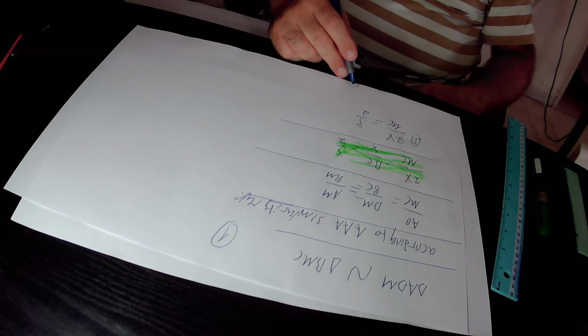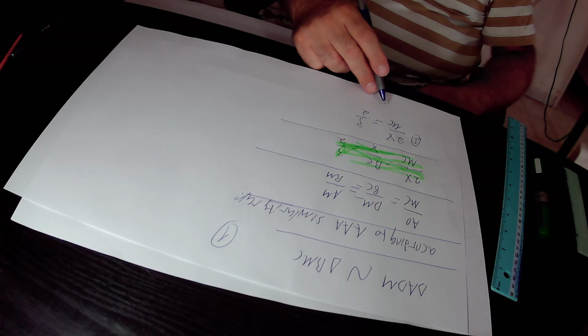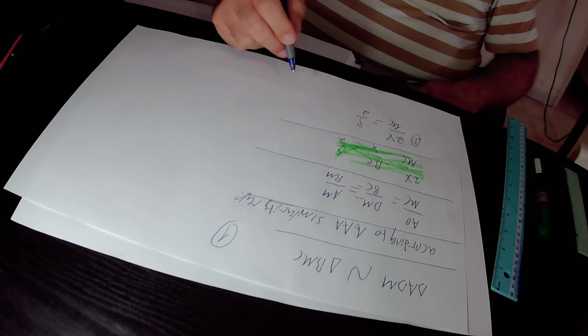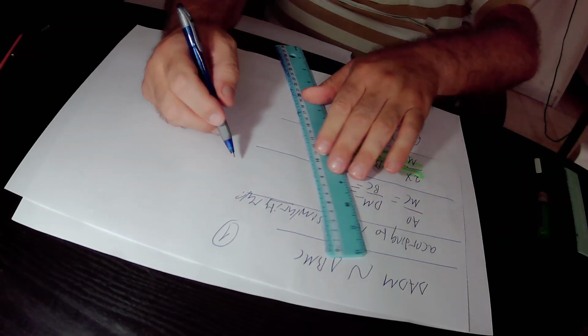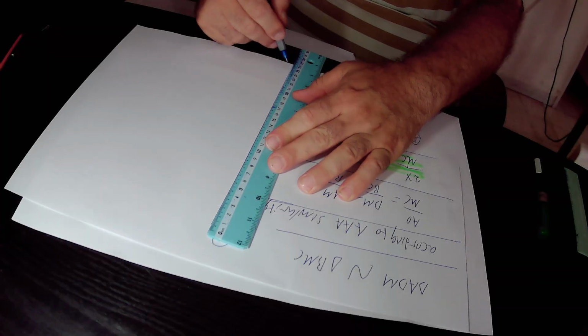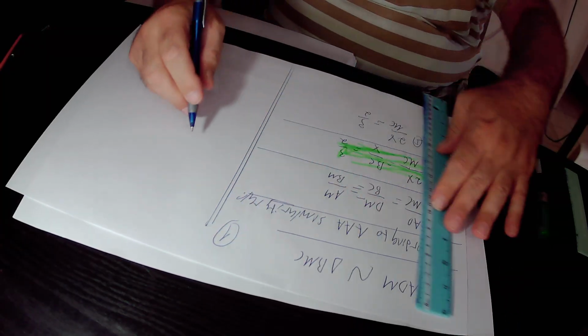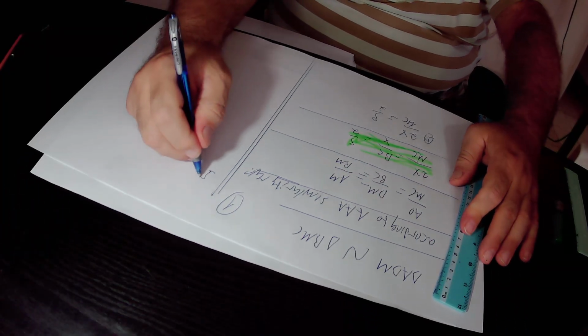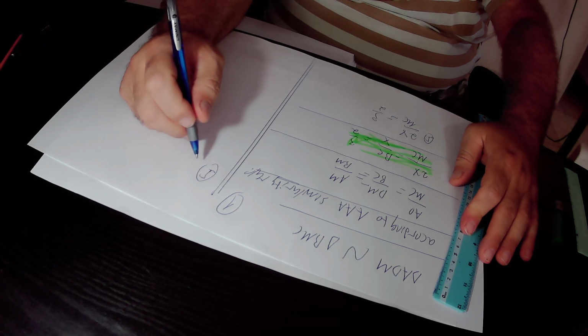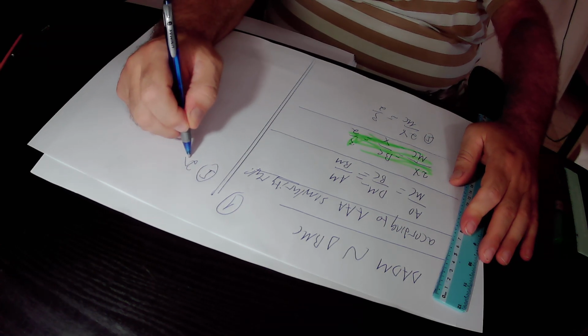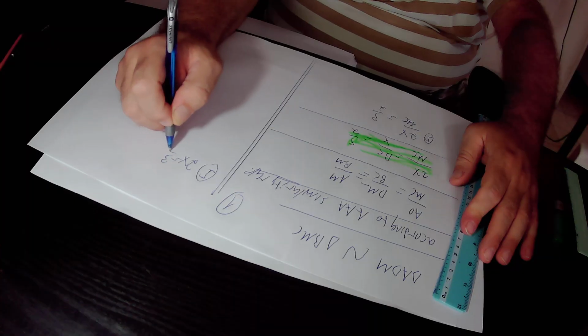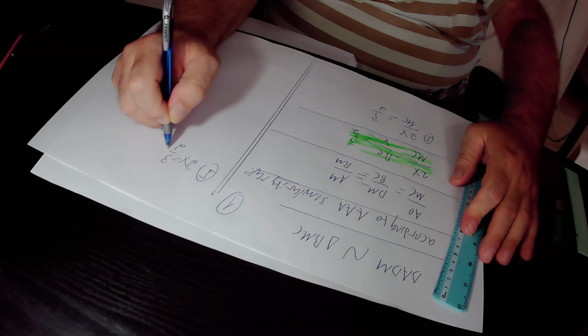Here we will multiply equation 1 by MC, and we get that 2x equals 3/2 times MC.